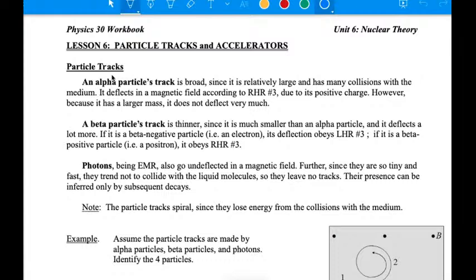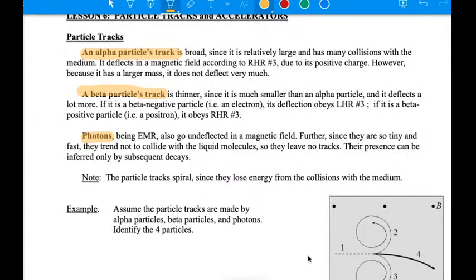So, particle tracks is where we're going to start, and this is essentially the paths or the tracks created by a variety of particles when they are shot through these mediums, and it's usually a liquid medium, and almost like a time-lapse photo of these, right?